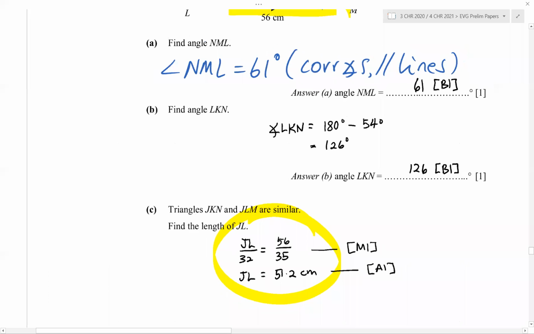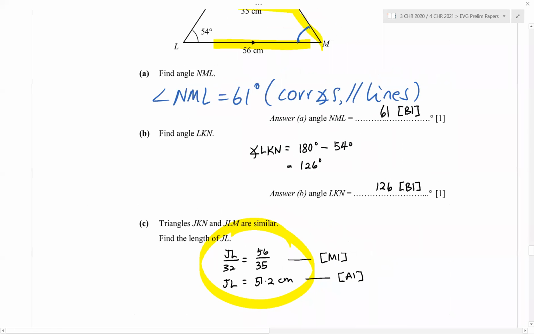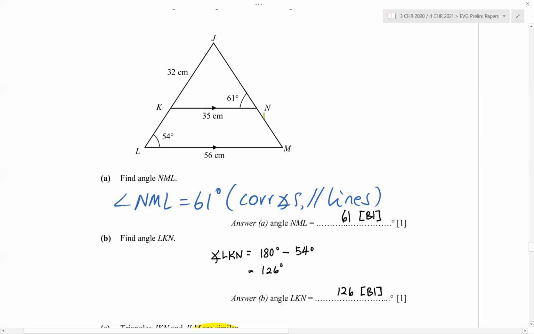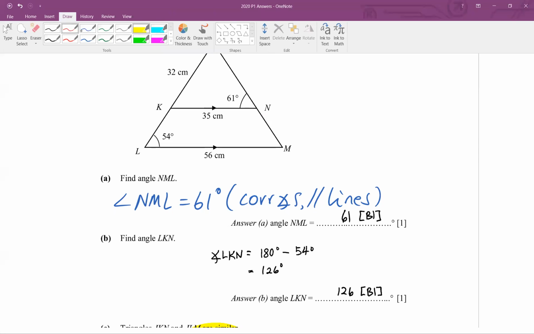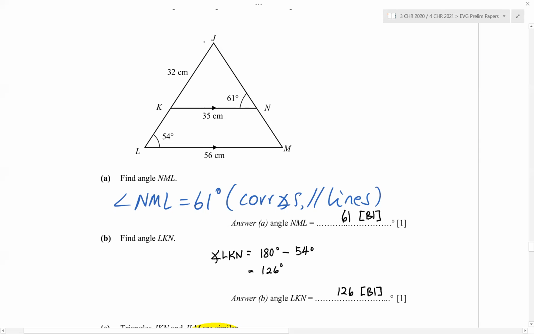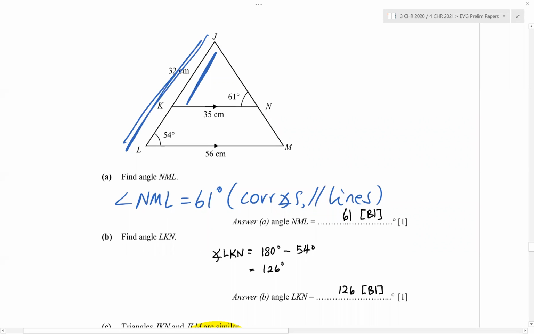We want to find the length of JL. JL is here. Okay, Shamim, so JL is corresponding to JK. So JL over JK equals to, so we had a big triangle over the small triangle.